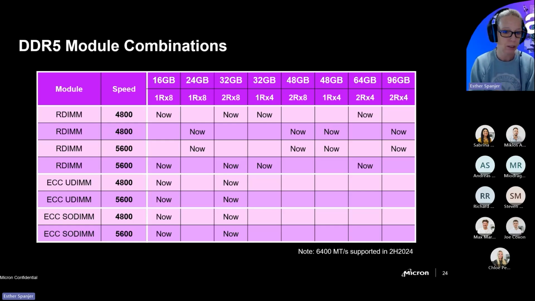The slide that you're looking at is the actual Micron DDR5 portfolio. In a nutshell, what it means is that regardless of the speed of the CPU requirements, we have everything released and available to support any platform that is going to ship in 2024. We will also have 6400 based products coming out in the second half of this year, and so we are very much aligned with what the CPUs are going to demand towards the end of 2024.